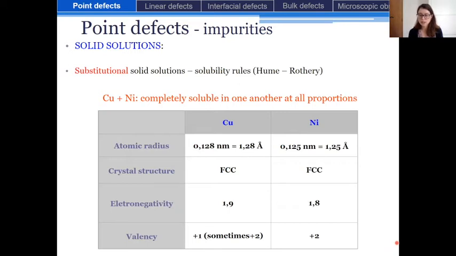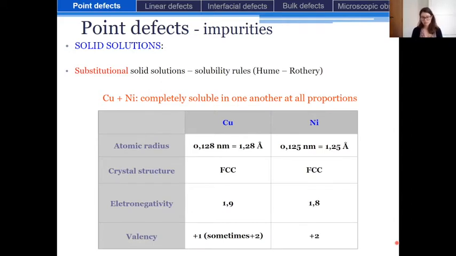Their electronegativities are similar: for copper, it is 1.9, and in the case of nickel, it is 1.8. And finally, considering the valency, copper has a +1 valency, and nickel has 2 valence electrons.